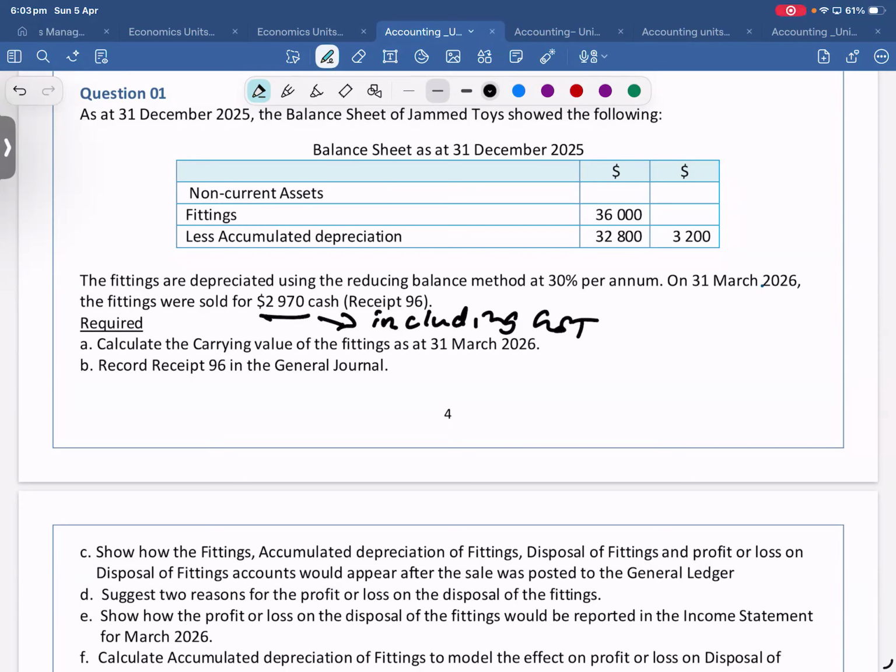Let's get fine. This one, 2960. 2970 is... Huh? 2960.